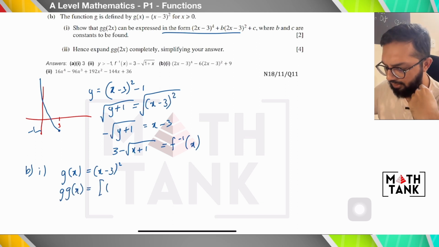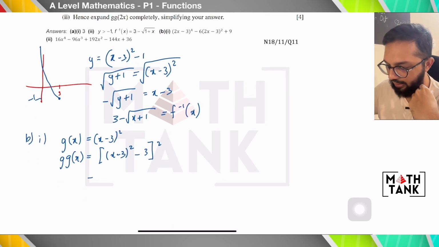Now this is a little complicated. So I have x minus 3 squared minus 3 and then a whole squared outside. So when I expand this, I can then go on and say that this is gg of 2x, and when I replace x with 2x, I have to open up this bracket.